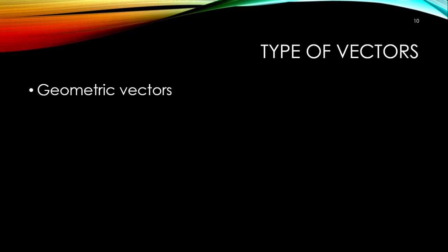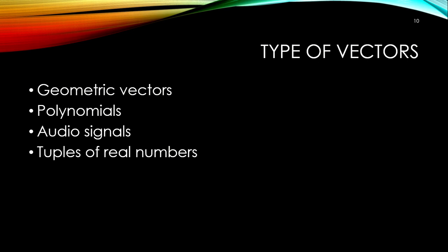Then different types of vectors. Basically, we consider some of the vectors that we use in machine learning systems. For clarity, first of all, we are looking at geometric vectors, then polynomials, audio signals, and tuples of real numbers.